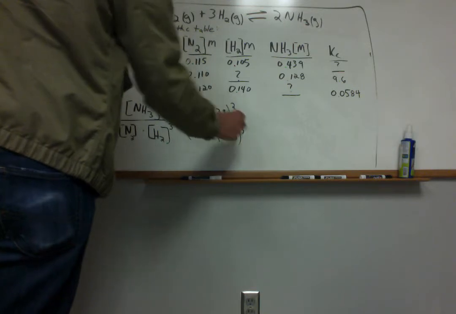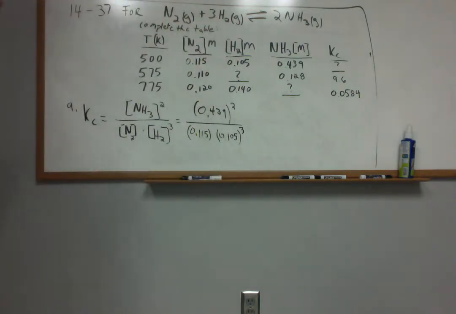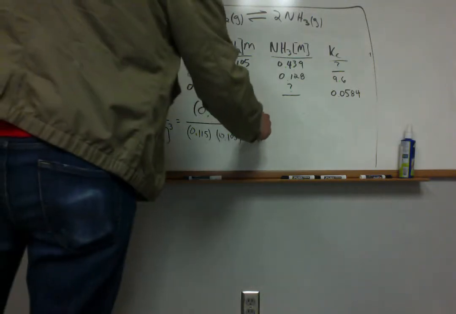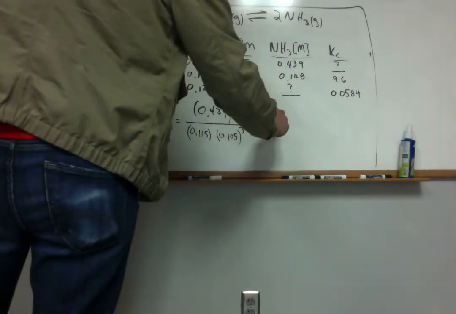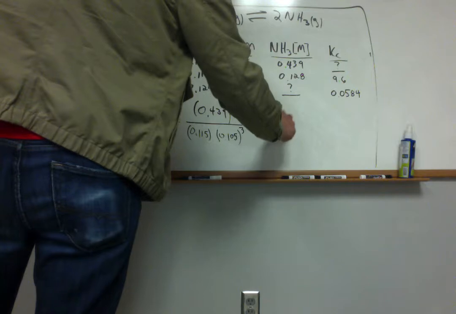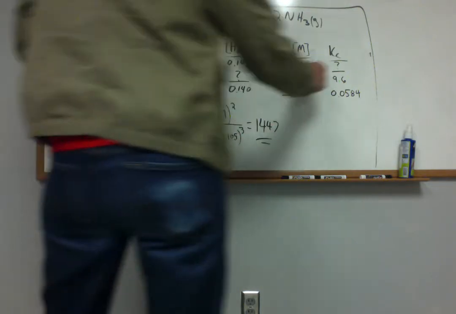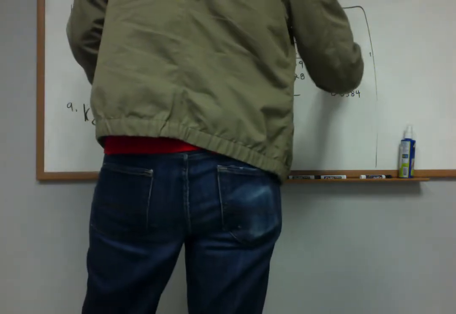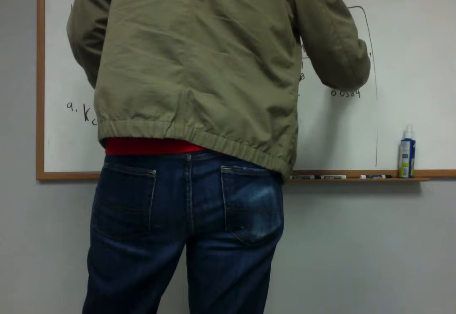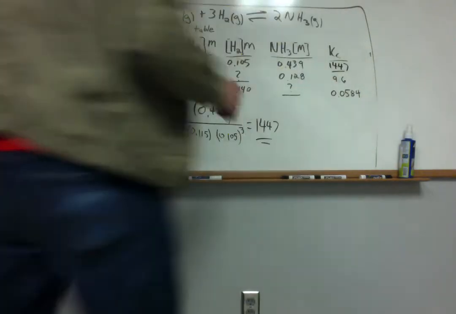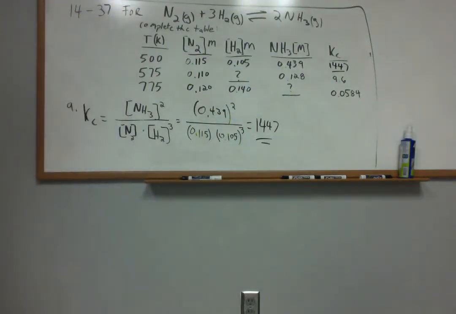Raise that to the 3rd power by virtue of that 3. So that's the mathematics that we need to do. If we work that out, the number that I got was 1447 for my Kc. Easy as that. All right, that one's pretty easy.